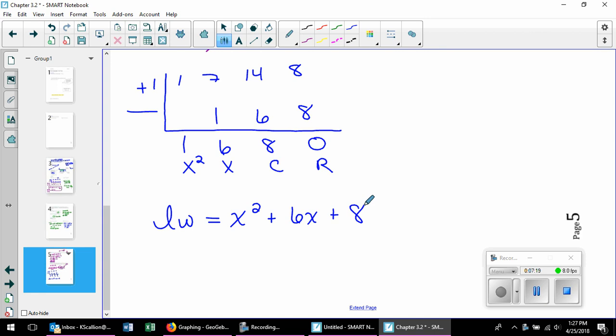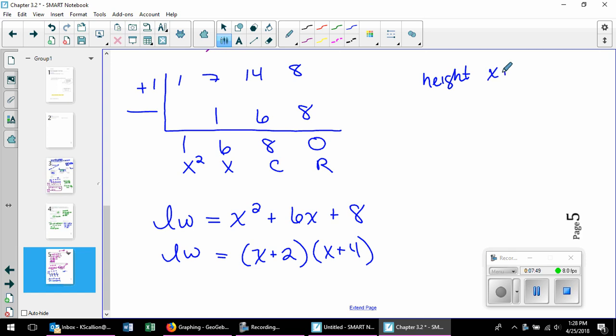What two things multiply together to give me this trinomial? So we know that one of these dimensions is the length, and one of these dimensions is the width. We don't know which one is what. So we know that the height was given as x plus 1.